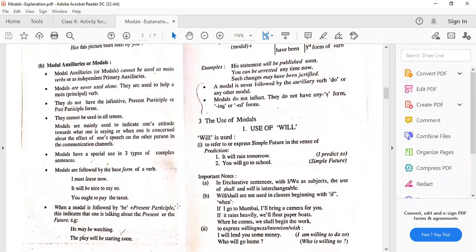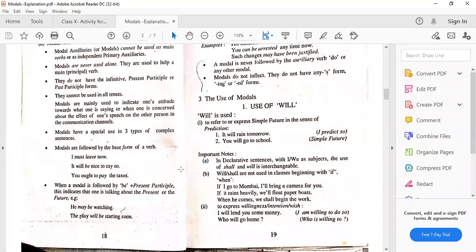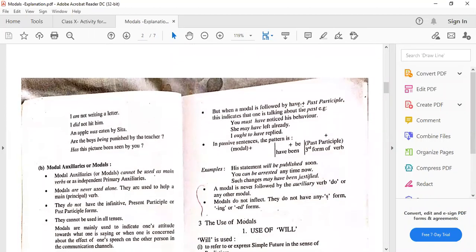When a modal is followed by be plus present participle, this indicates that one is talking about the present or the future. That is, when we use be after any modal verb plus present participle, that means first form with ing, it shows that one is talking about the present and the future. But when a modal is followed by have plus past participle, when we use have with third form, this indicates that one is talking about the past tense.